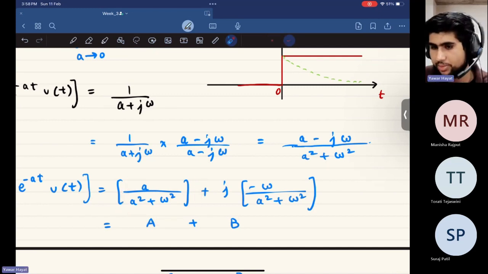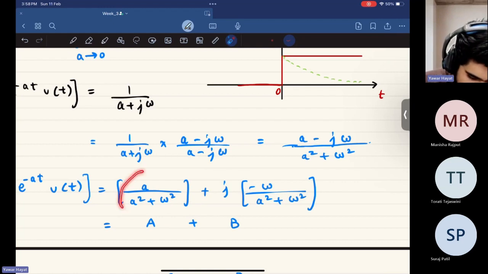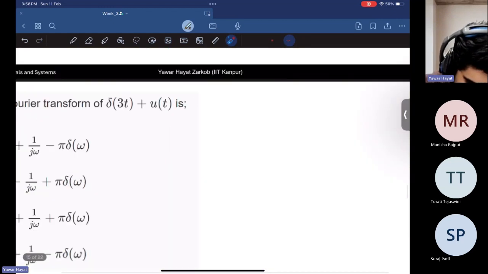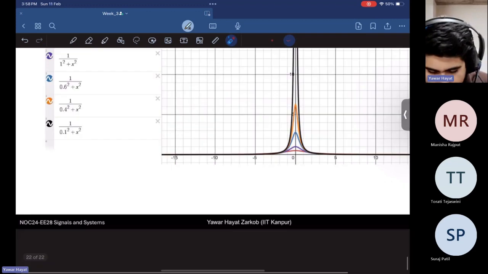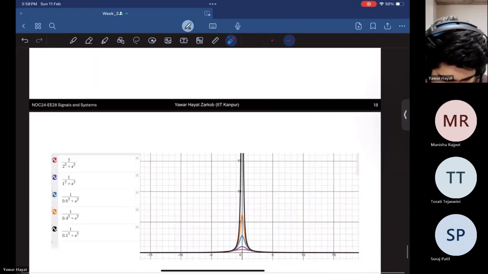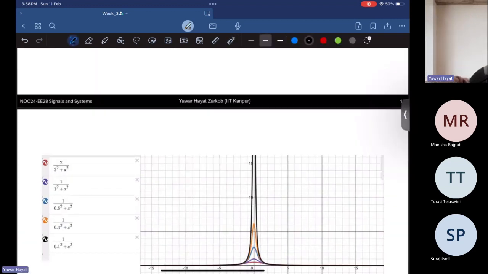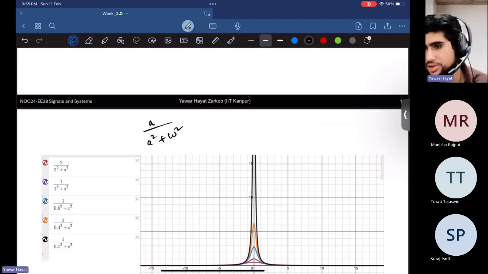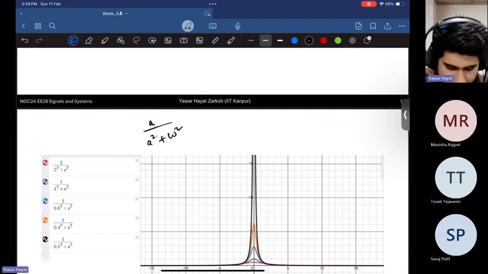I'll take some values of a. The form was a by a square plus omega square. And I've used x in place of omega for plotting purposes.